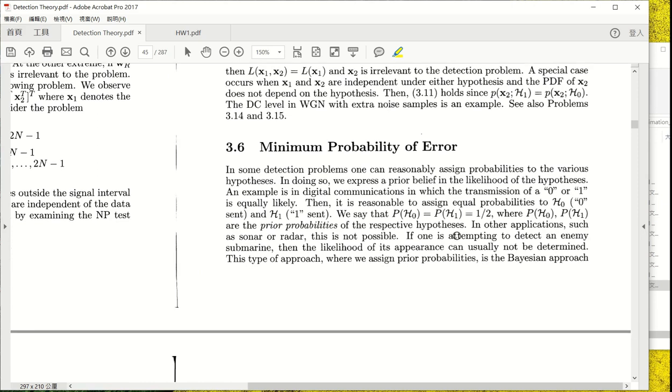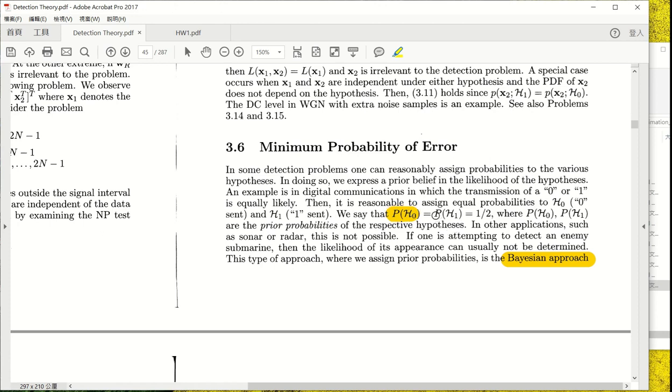Okay, so the next thing is we're going to talk about the Bayesian approach. The Bayesian approach has prior information. So in other words, previously in Neyman-Pearson, in our previous discussion, remember that we have not talked about the probability of H0 happening.